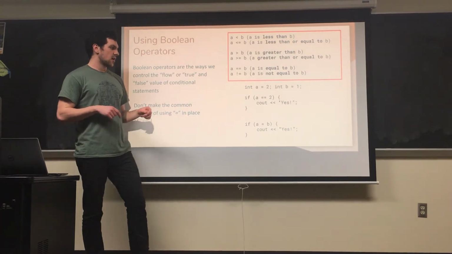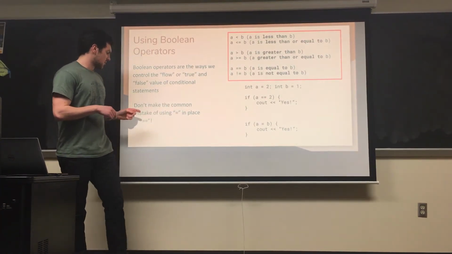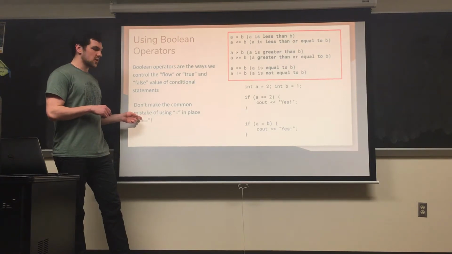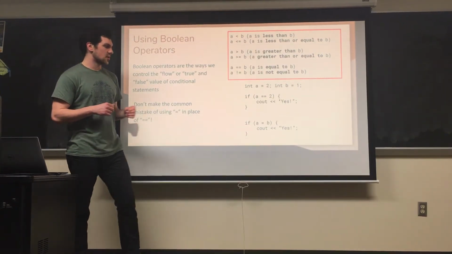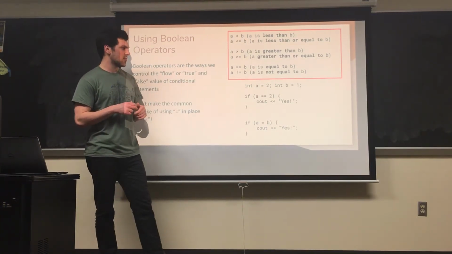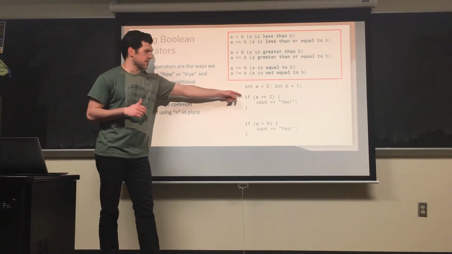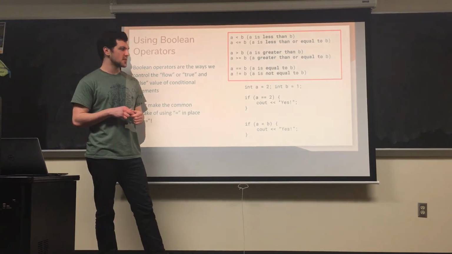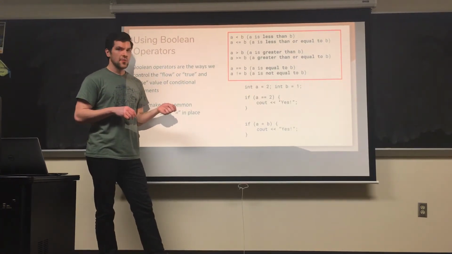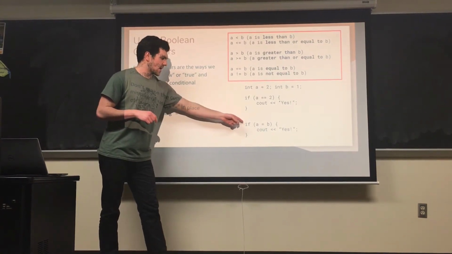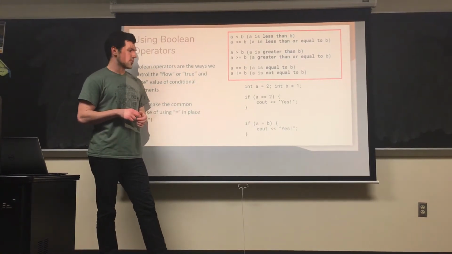Something that's important to note is mistakenly using the assignment operator instead of the equals operator within conditional statements. If we have a couple integers, a and b, and the statement if a is equal to 2, we'll cout yes, and we know that is true, a is 2, so we will cout this yes. But if we check if a is assigned to b, we'll also cout the yes.